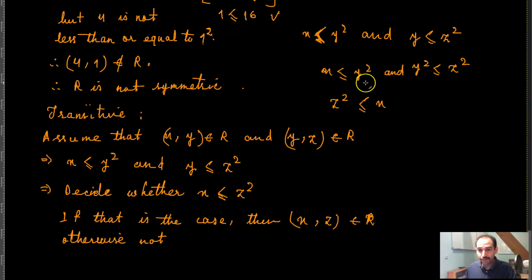If y squared is greater than or equal to x, that means it's some value greater than or equal to x, and it's some value less than or equal to z squared.